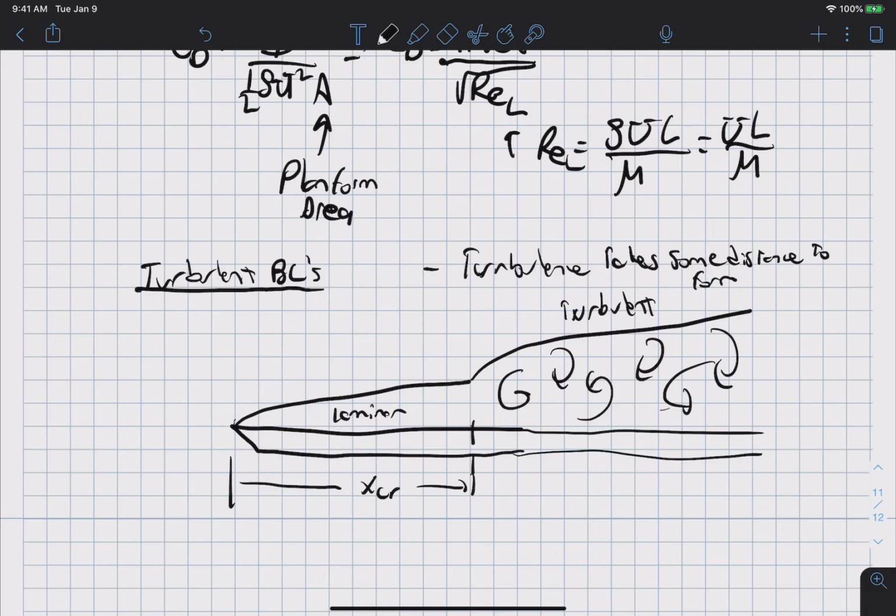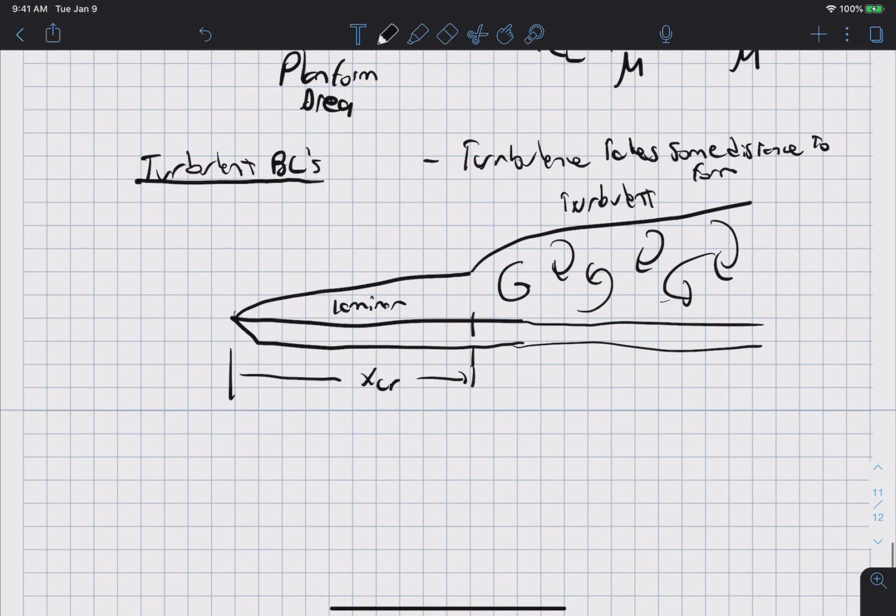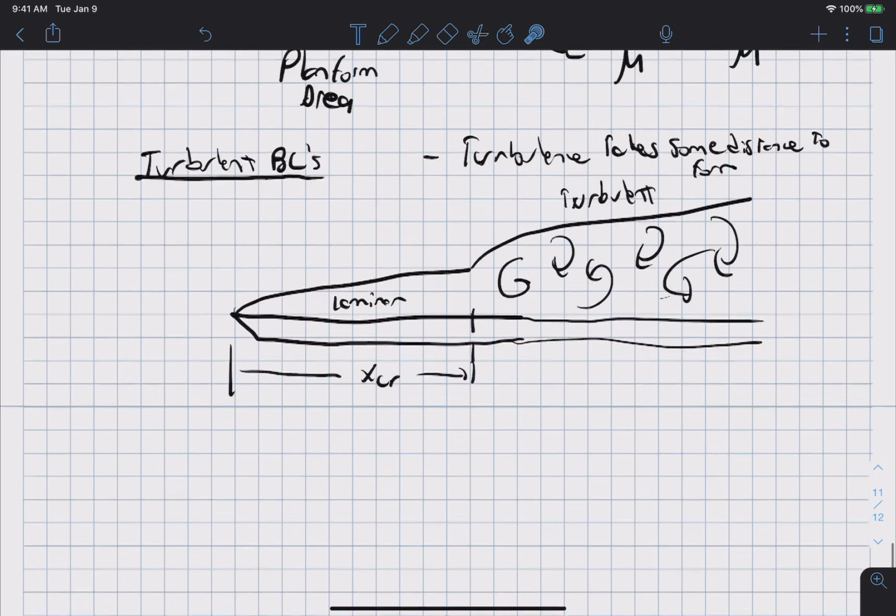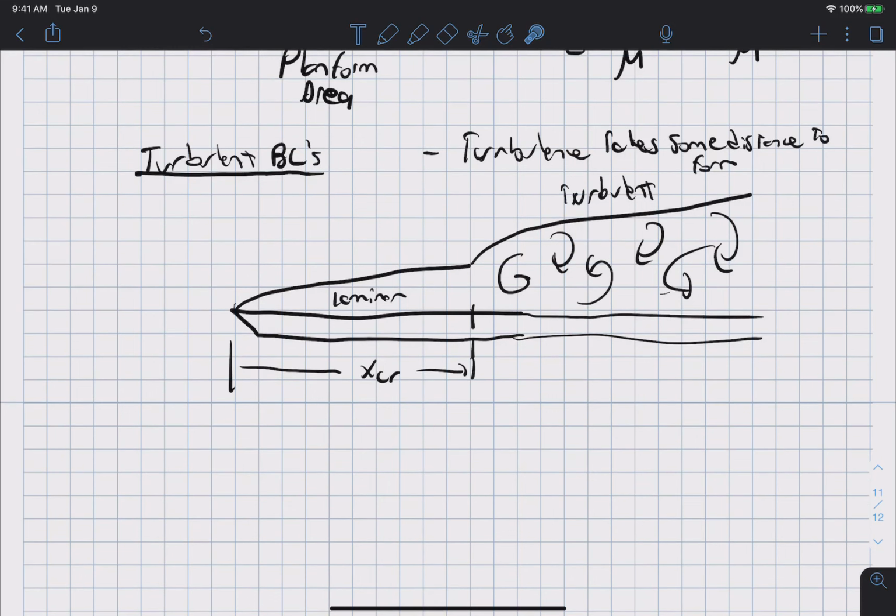You could imagine there's a big old vortex, say here, and there is very high momentum fluid flowing in the free stream. Well, this vortex can go up and grab some of that and pull it down. When it pulls that high velocity fluid downwards, it tosses it down close to the flat plate.